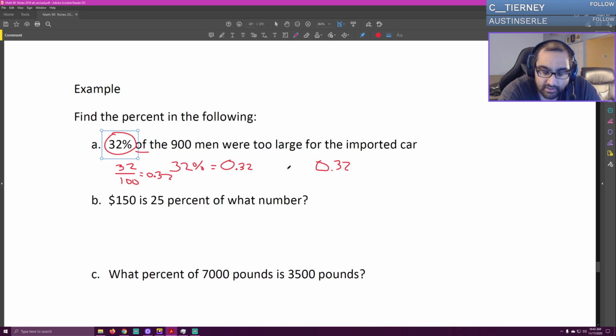So what does of mean in math? Hopefully you have that in your notes. Multiply. That's right, J-Dragon. When we see the word of, of means to multiply.